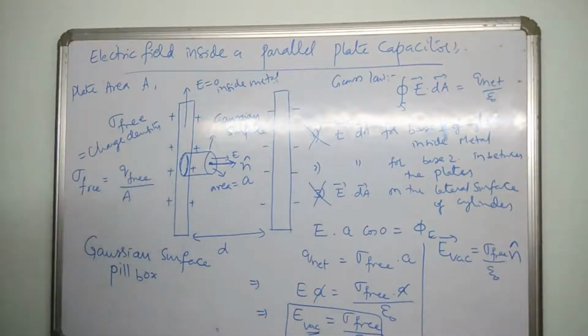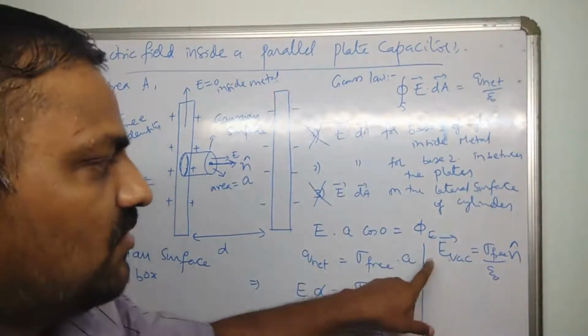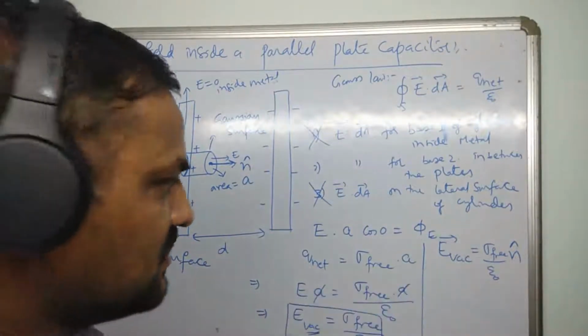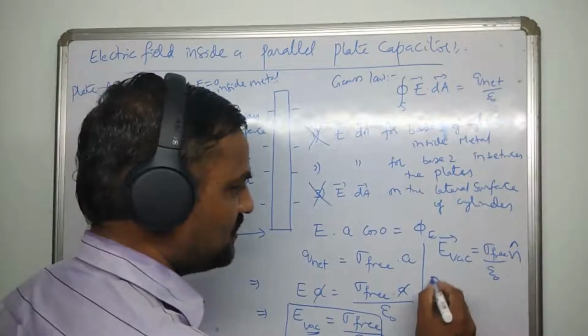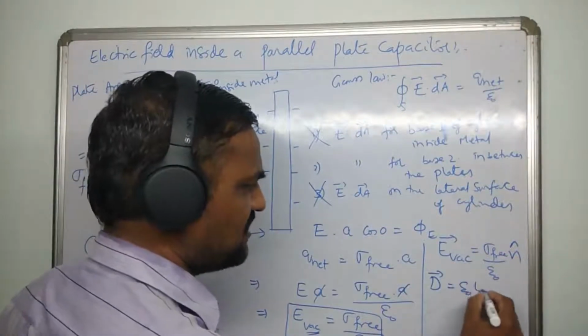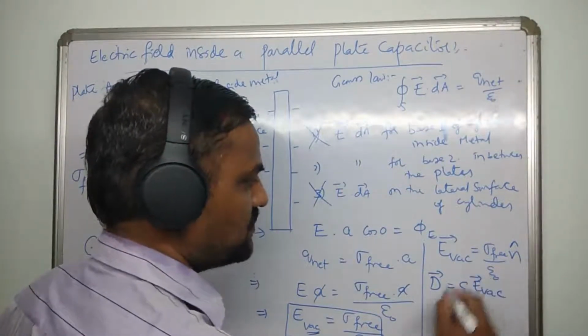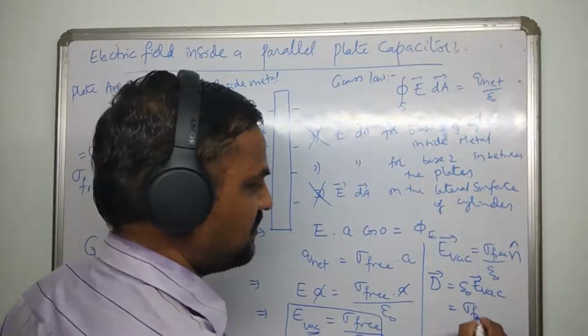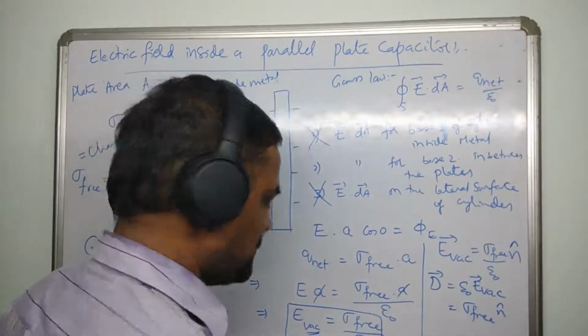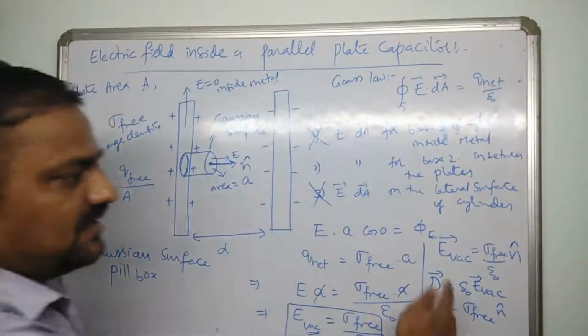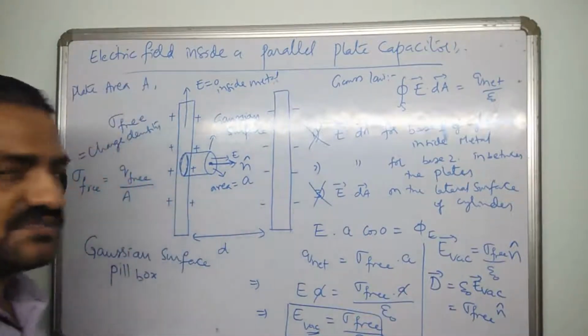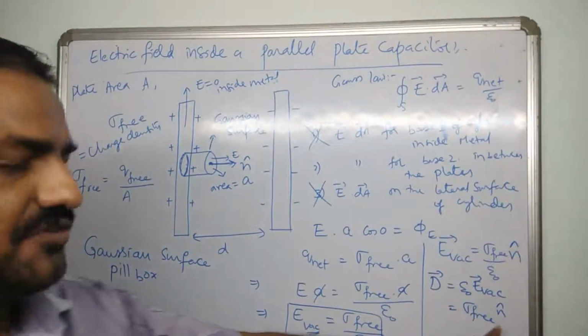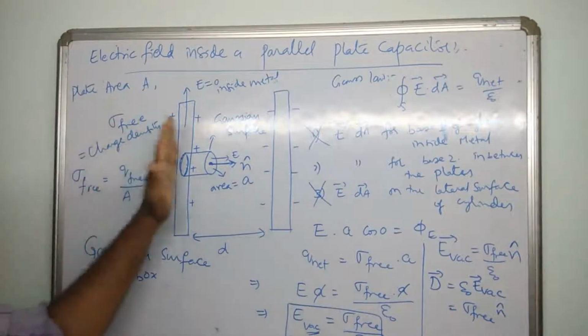As we know E, we can simply calculate the D. After all, epsilon 0 E vacuum is nothing but the D. So in this case, the D is going to be epsilon 0 E vacuum, which is nothing but sigma free into n cap. So basically, the D, the electric flux density, is the surface charge density in vector form for any given plate.